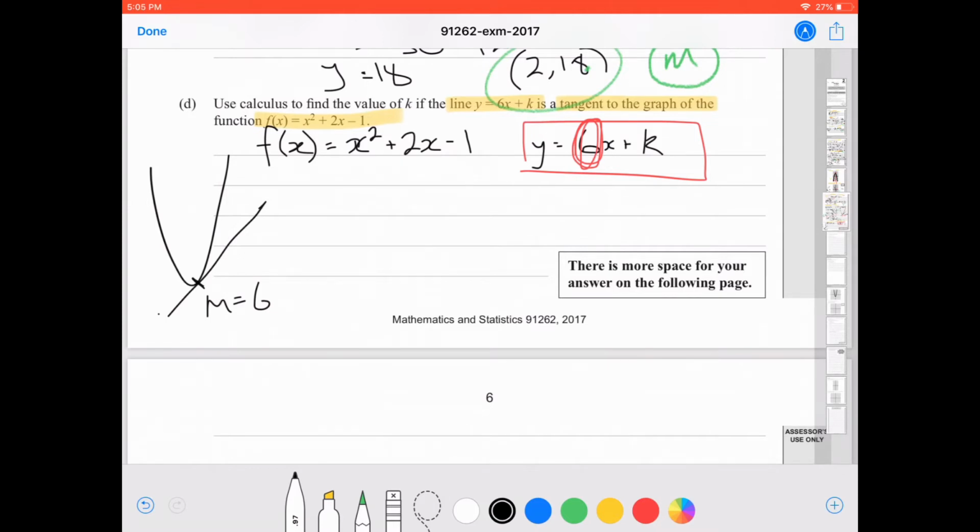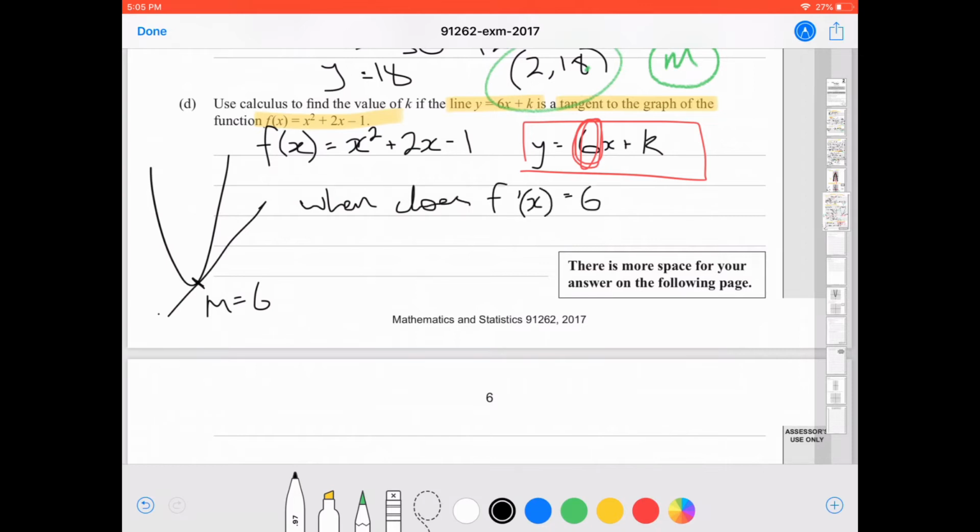And so they're asking us to find basically when, and I enjoy writing out these sentences here just to clarify what's going on. When does f dash of x equal 6?